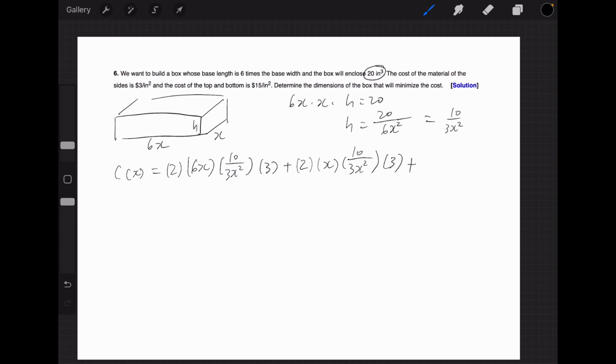The top and bottom would be 6x squared times $15 times 2, because we have both the top and bottom.